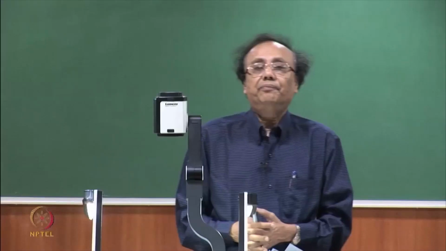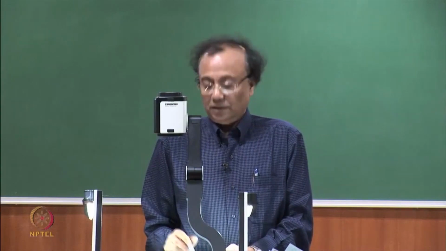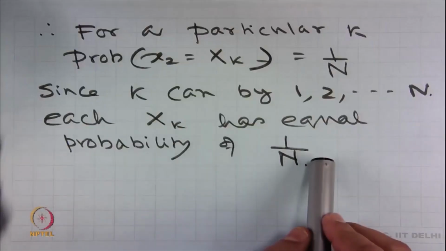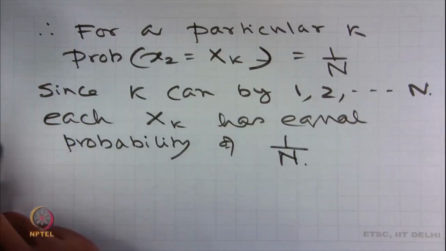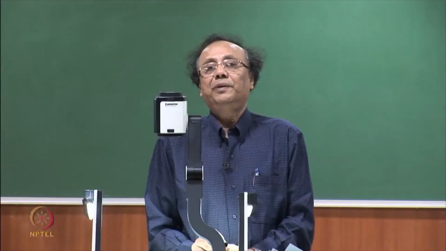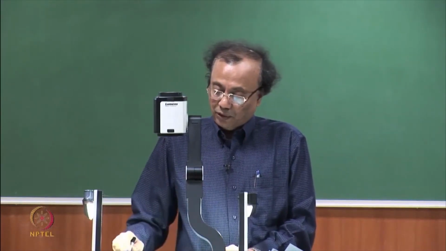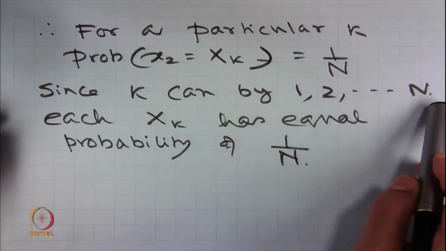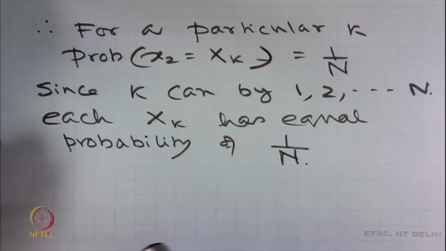Therefore, we see that whether we have chosen it with replacement or without replacement, it does not matter. The second unit that is being chosen also has equal probability of getting one of the capital N many units as the second selection.